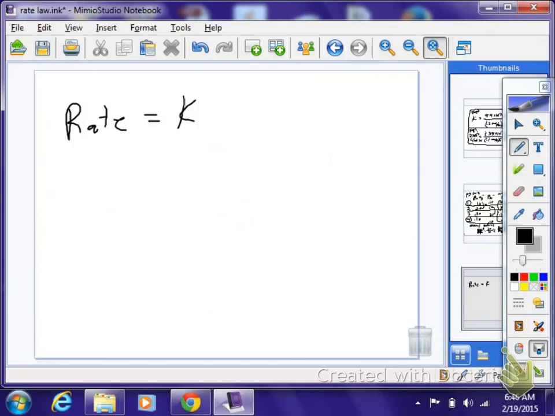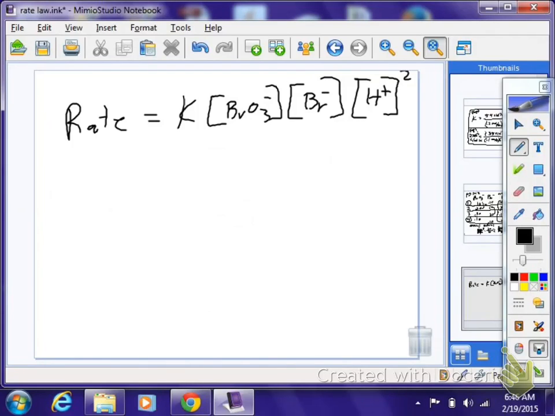First one we're going to do is BrO3. We're going to multiply by Br. And then we get this order 2, it's H plus. Now we're going to go ahead and square that. Because in order 2, we can go ahead and put in the square, and that would represent an order 2.